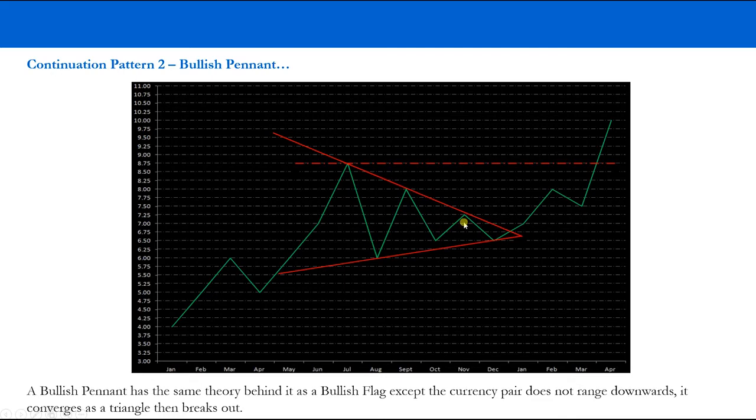Except when we see these patterns, we know that it's a slightly different setup. So we term this as a pennant rather than a flag. So the two most important areas that we have to look out for are the breakout of the pennant here and the breakout of the high of the pennant here.